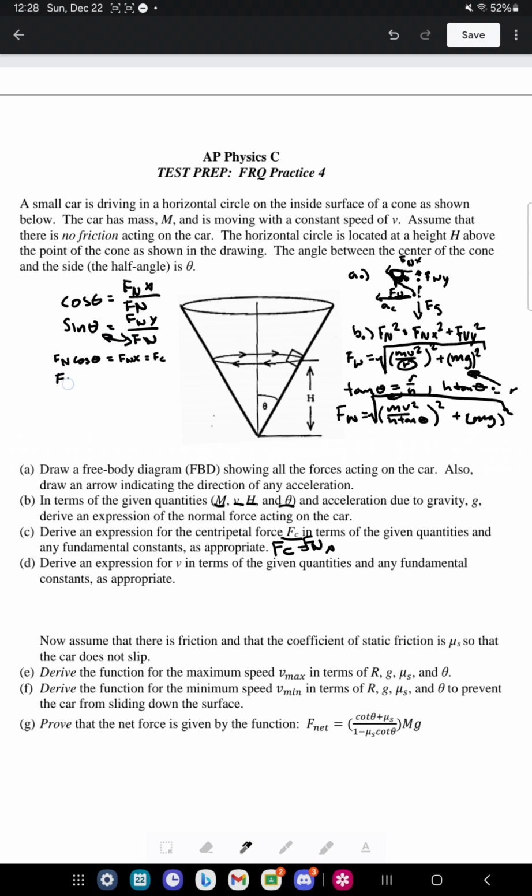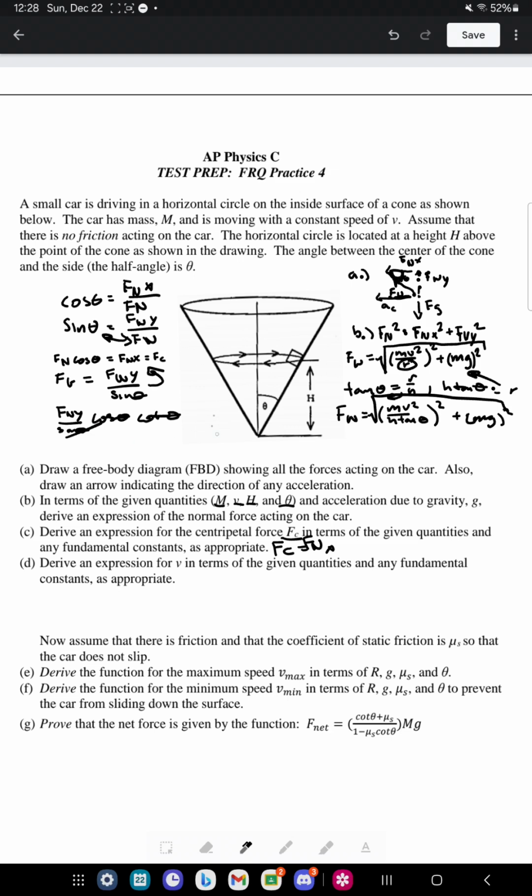F_n equals F_n,y over sine theta, and we can plug this into the F_c function right there to find F_n,y sine theta times cosine theta over sine theta, and these make a cotangent.